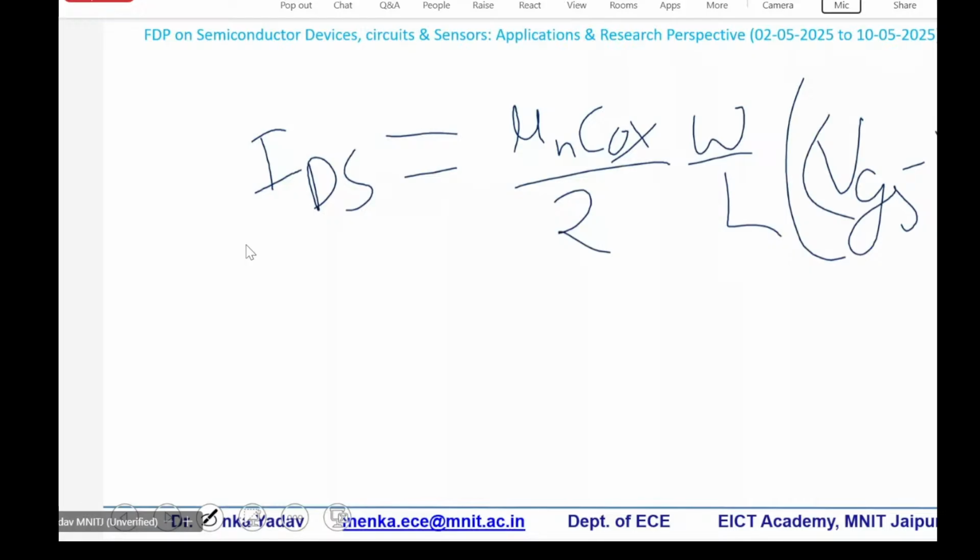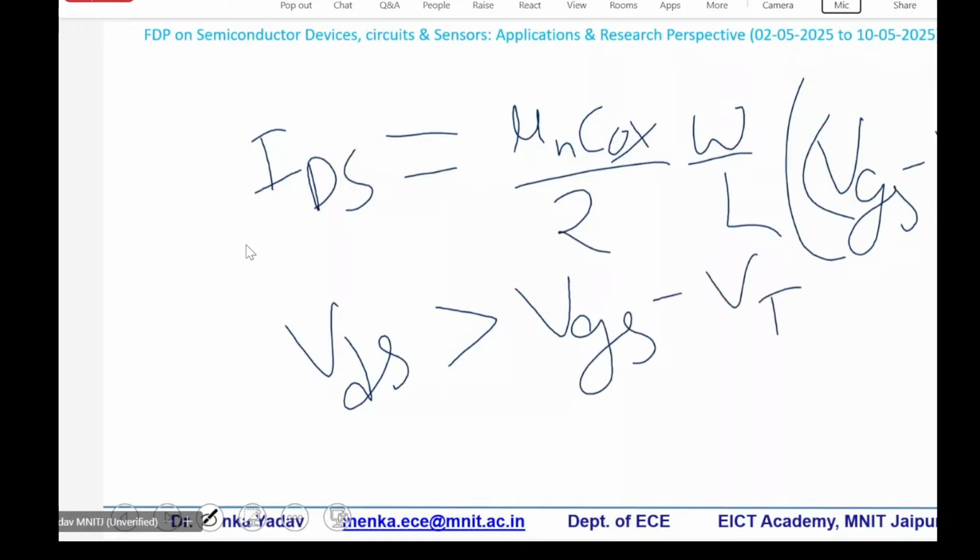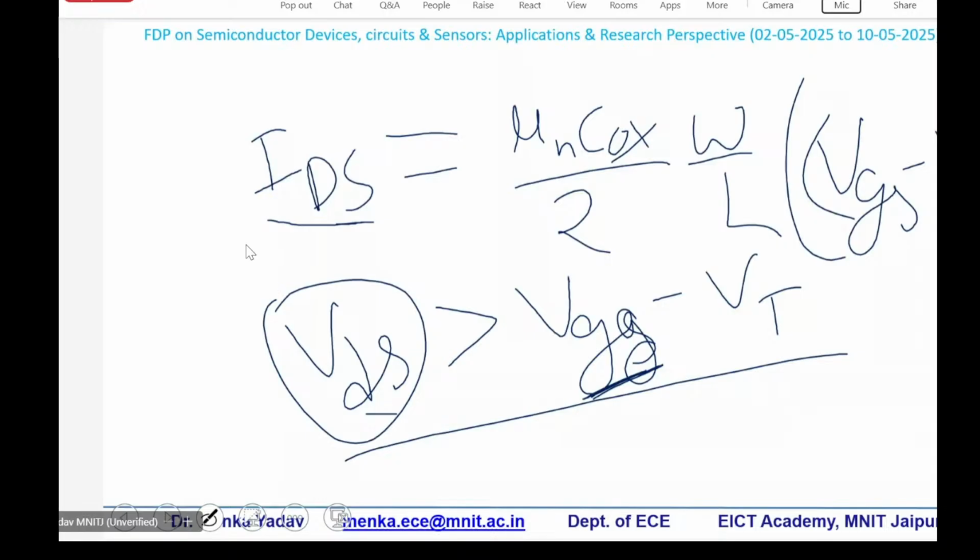Let's say I take VDS good enough, which means you were expecting saturation, right? You have taken VDS greater than VGS minus VT. Since VGS is decreasing from VGG, you can take VDS greater than VGG minus VT so that you make sure the system is in saturation. If the system is already in saturation, this VDS is fixed, and VGG is also fixed.